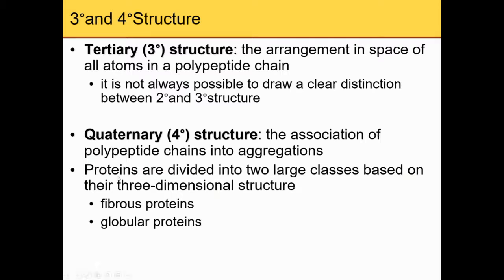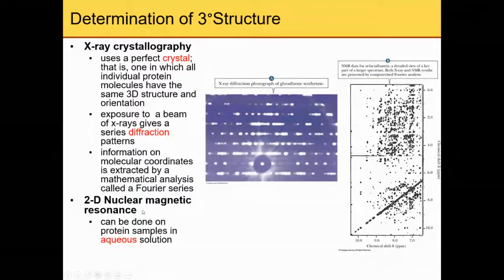Then the two large classes are fibrous protein and globular protein. So that's basically the structure of the protein from primary, secondary, tertiary to quaternary. The primary is linked by peptide bonds, the secondary is stabilized by the hydrogen bonds between the peptide bonds, and the tertiary structure is stabilized by the side chain interactions.